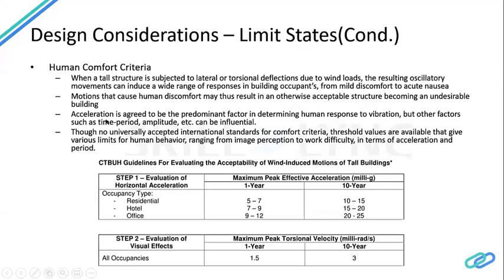So this goes back to the four parameters that I told you before: time period, displacement, frequency, and acceleration. In this case, the acceleration of the building is critical to determine how much comfort a human will feel at the top of the building. So there are agreed values, which again is set by CTBUH, which gives you the limiting acceleration of the building.